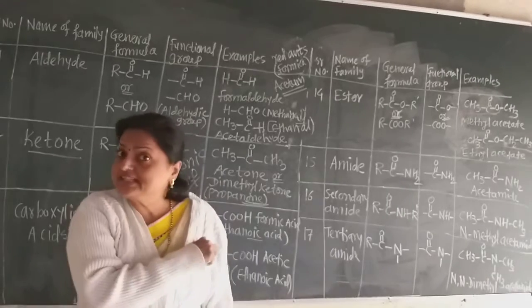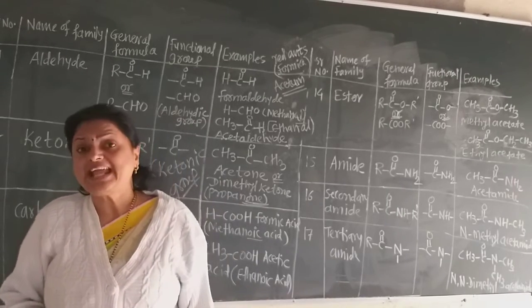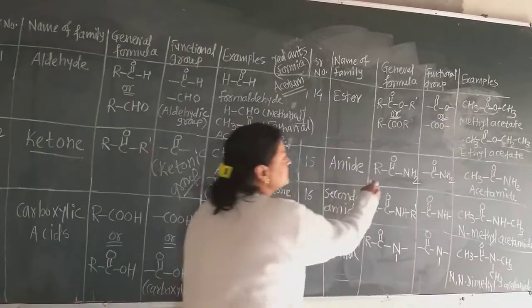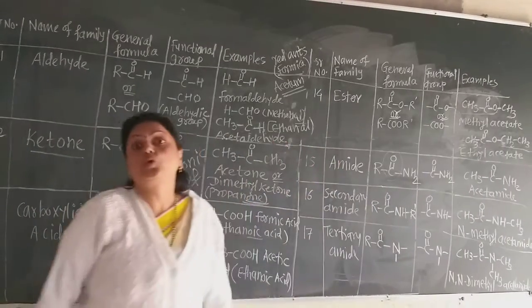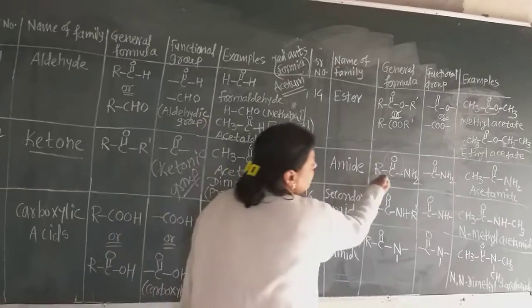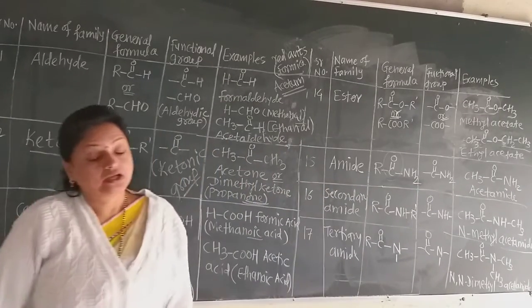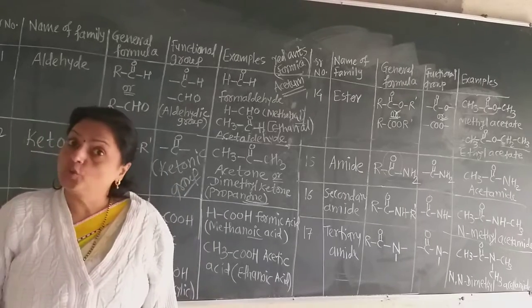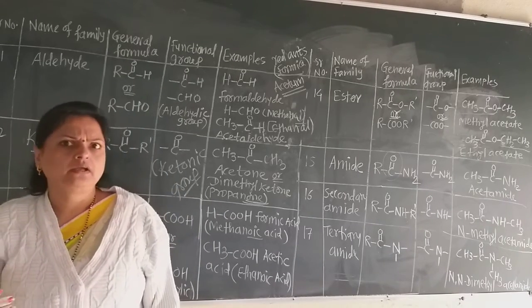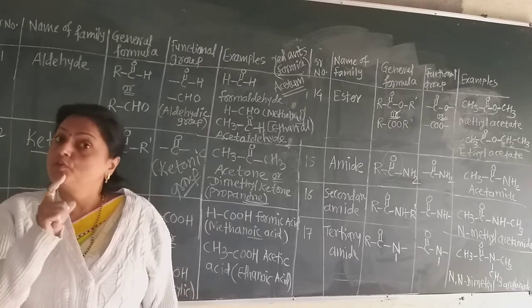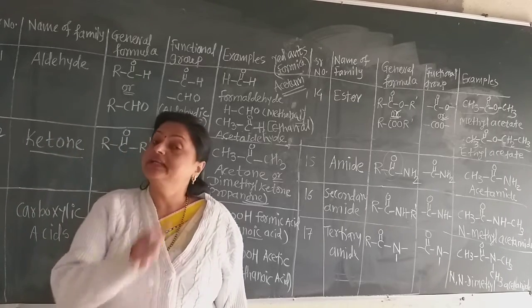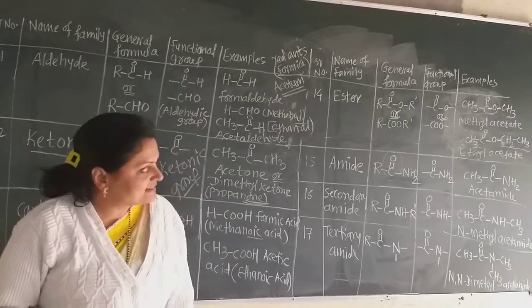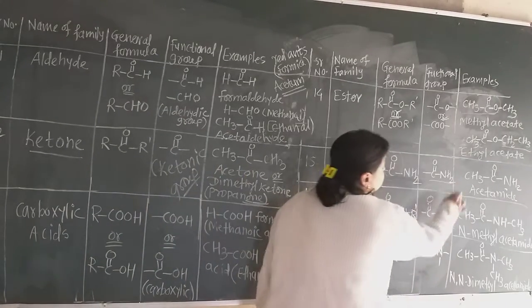But the only difference between amine and amide is that here there is a compulsory C double bond O group in the middle between this R and NH2. Remember that. If they ask you the question, write the general formula, functional group and example of amine and amide separately, then you must write the functional group of the amine is dash NH2 and of amide is C double bond O NH2.